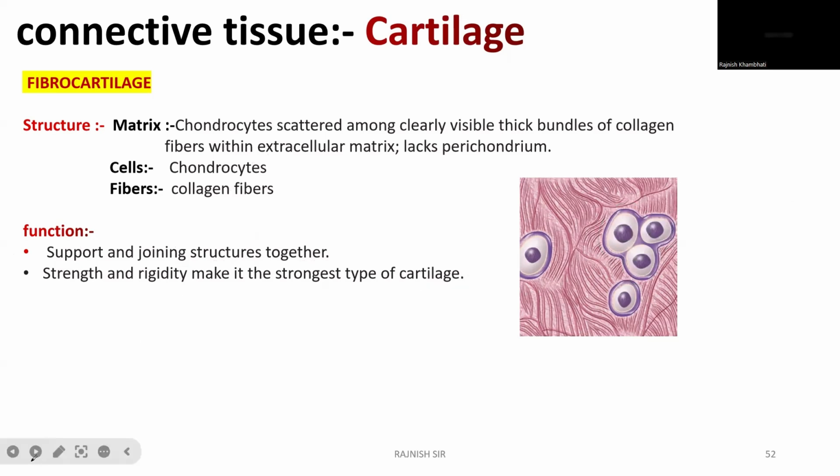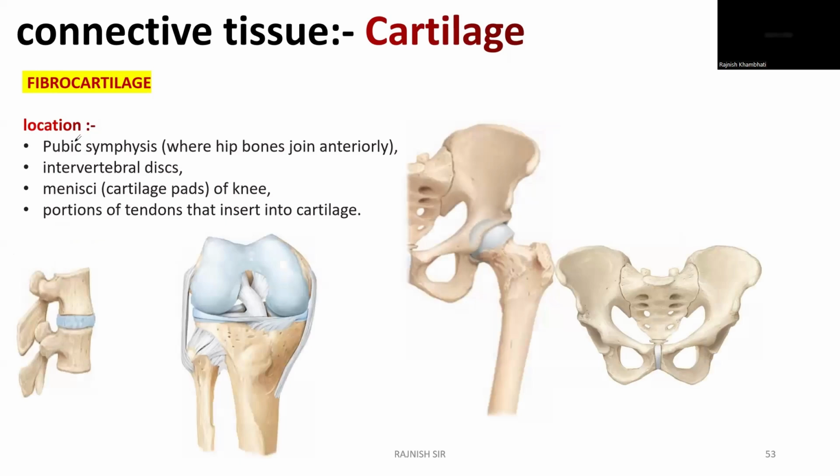Let's see its example, location, with the diagram. Location: pubic symphysis, where the hip bones are joined anteriorly. So in this portion, bone number 1 and bone number 2 are joined together over here. So this is the pubic symphysis. Then the intervertebral disc.